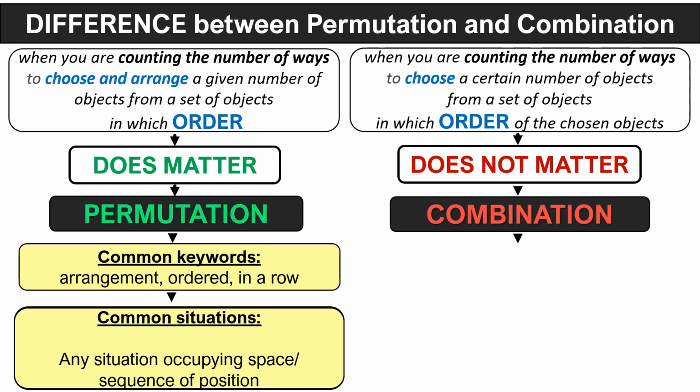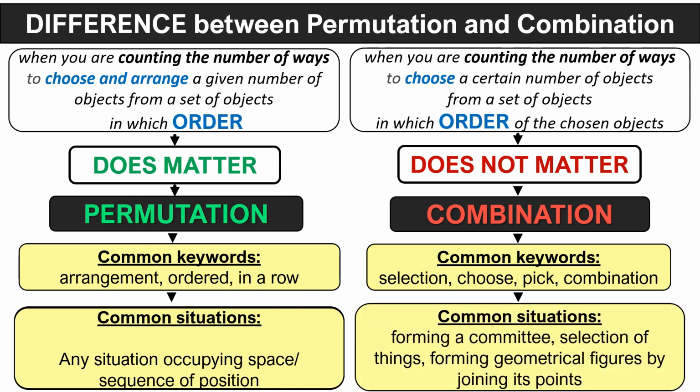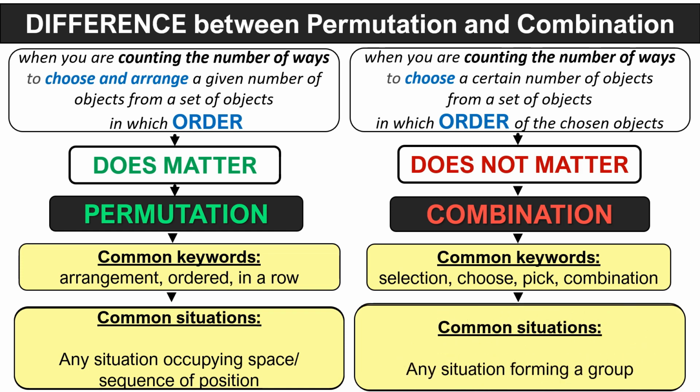The usual keywords that can be found in combination are selection, choose, pick, and combination. And the typical situation wherein combination is applied is like forming a committee, selection of things, forming geometrical figures by joining its points, or any situation forming a group.